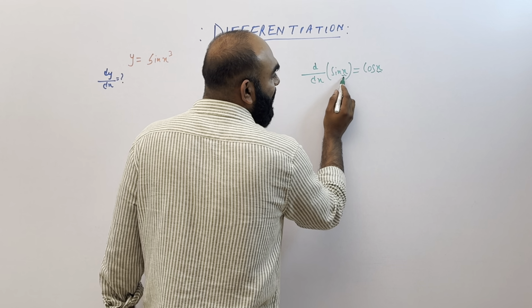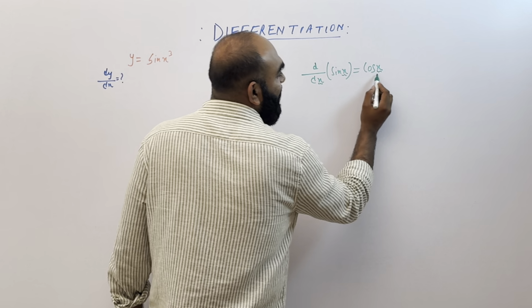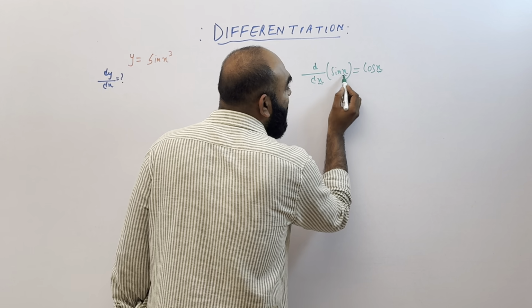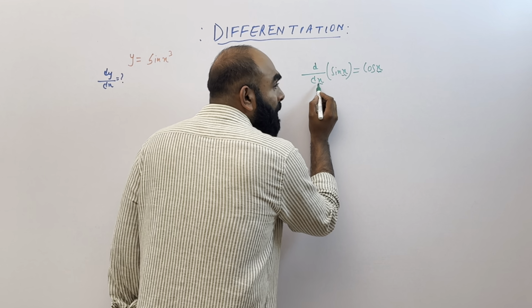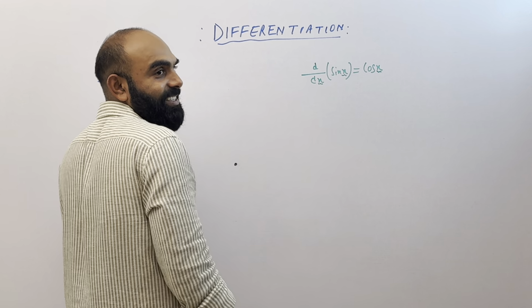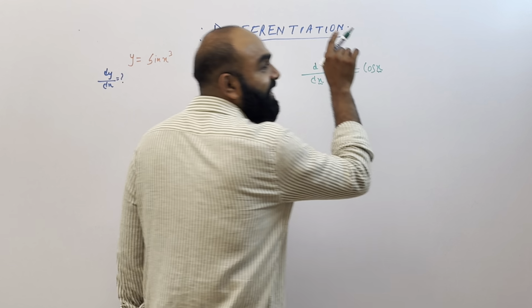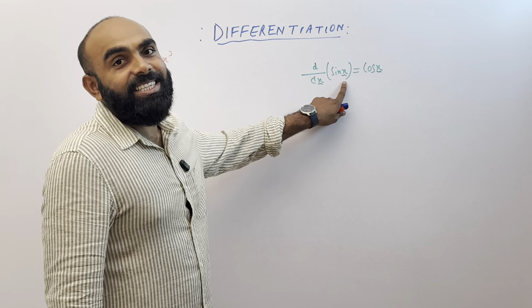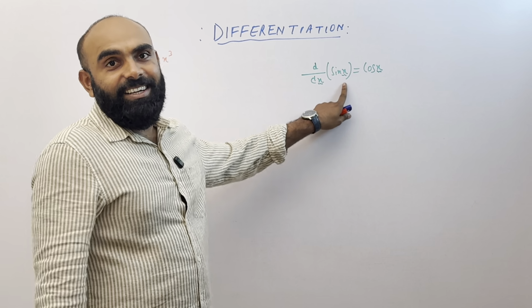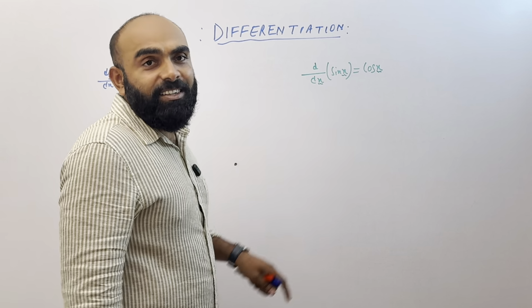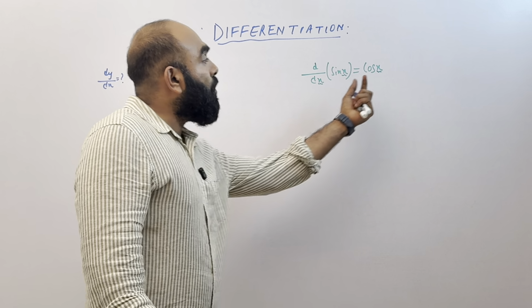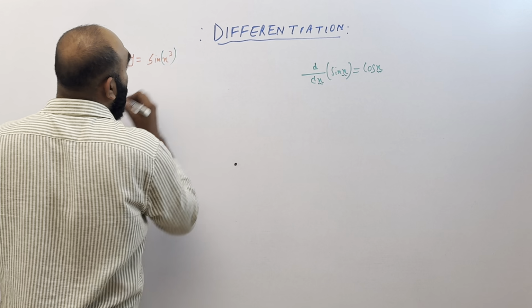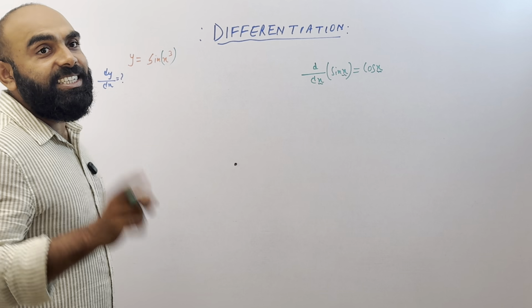Here theta is the angle of this trigonometric function. Theta is whatever is written after sine.